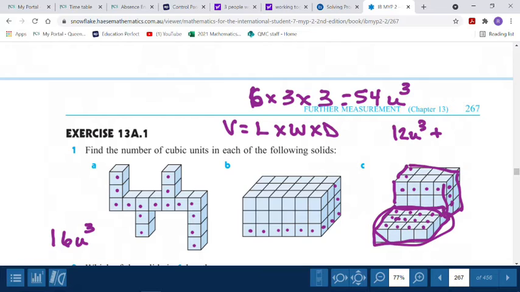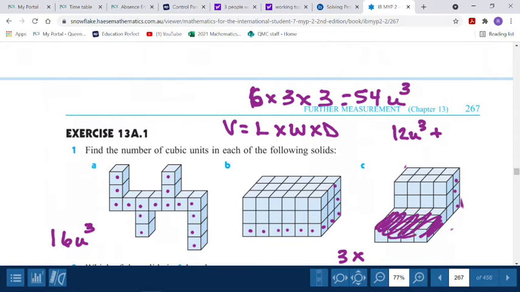Then I need to add in the rest. Well, the other thing has more depth than just 1, so that means one of the measurements is not just 1 like the other one is. So it's 3 units high. And yes, I'm doing them out of order because I want to show you that it doesn't matter which one you call which. We've already done this, so I'm going to just mark it off.